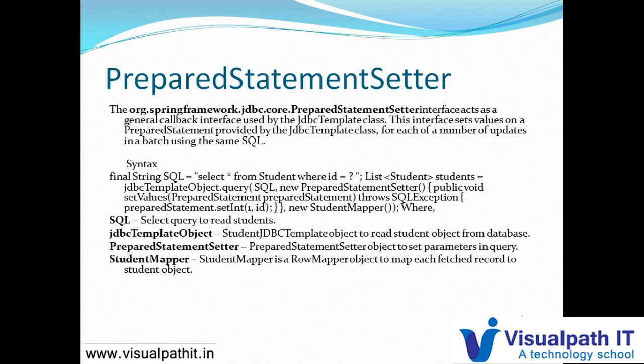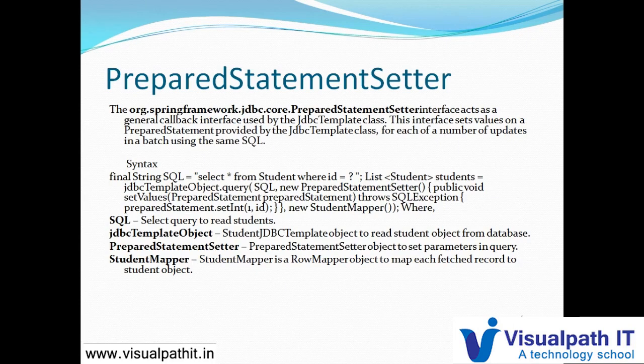Next is the prepared statement setter. This is basically an interface. It acts as a general callback interface used by the JDBC template class. This interface sets the values on the prepared statement provided by the JDBC template class, and the number of updates in a particular batch using the same SQL, it does it.